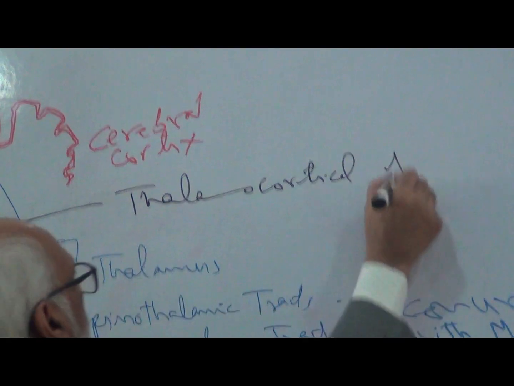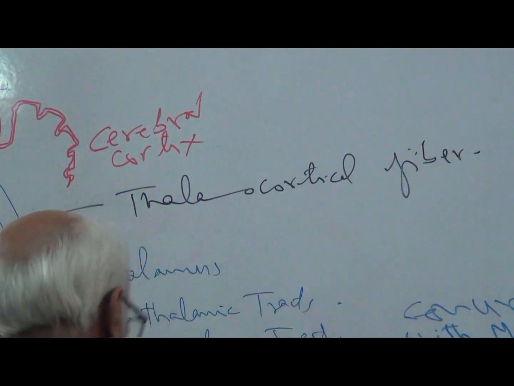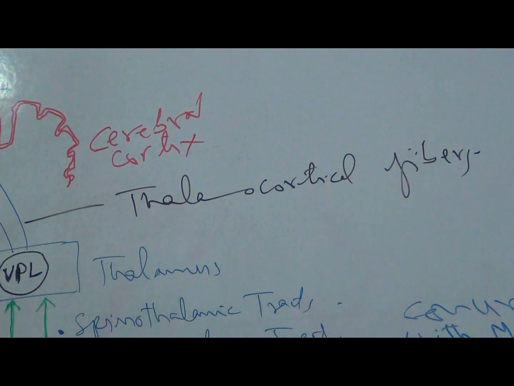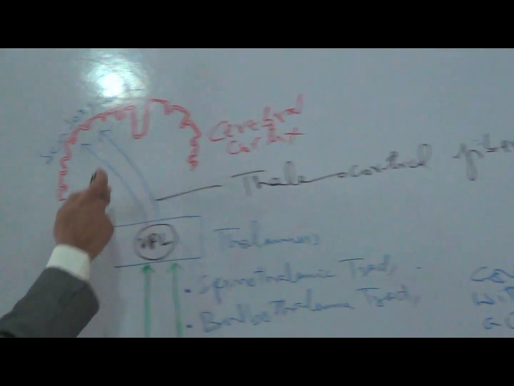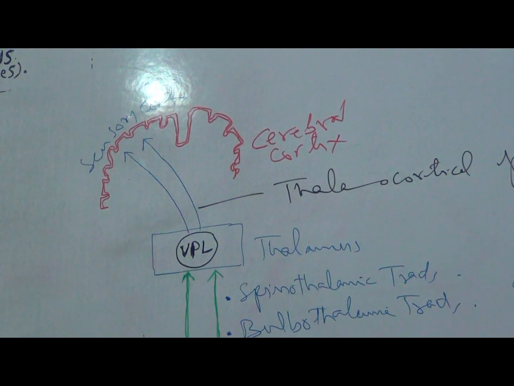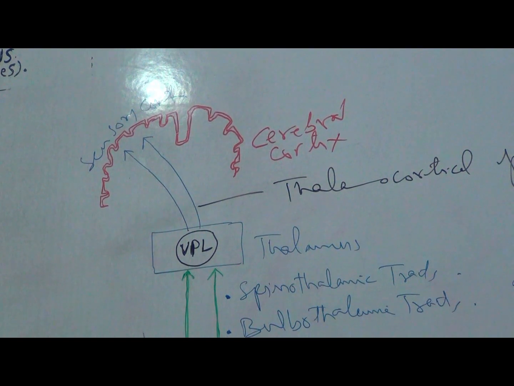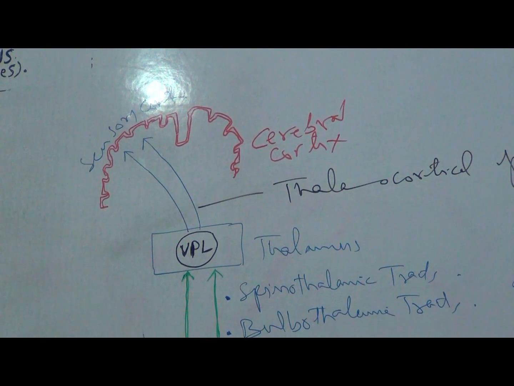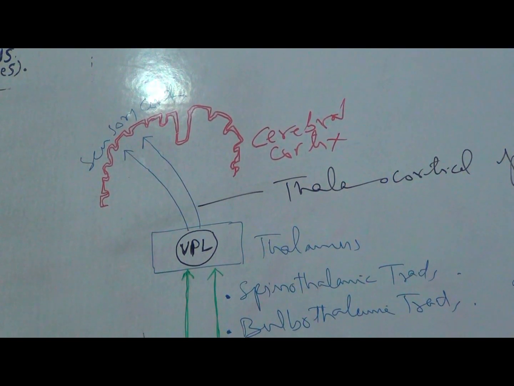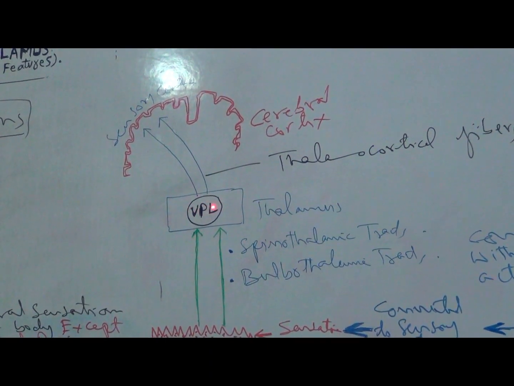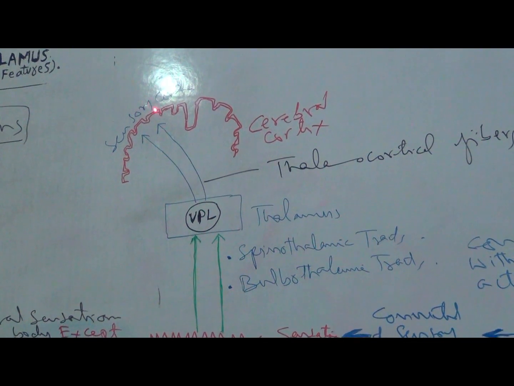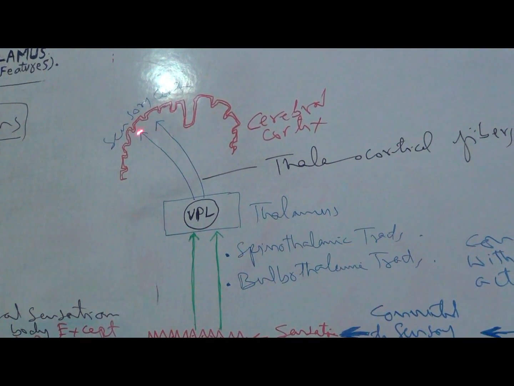The nerve fibers arise from the ventral posterior nucleus of the thalamus, and they relay in the opposite sensory cortex, carrying general sensation from the whole body except the head region. Via bulbothalamic and spinothalamic tract, they relay in the ventral posterior nucleus of the thalamus, and then ultimately project to the sensory cortex.